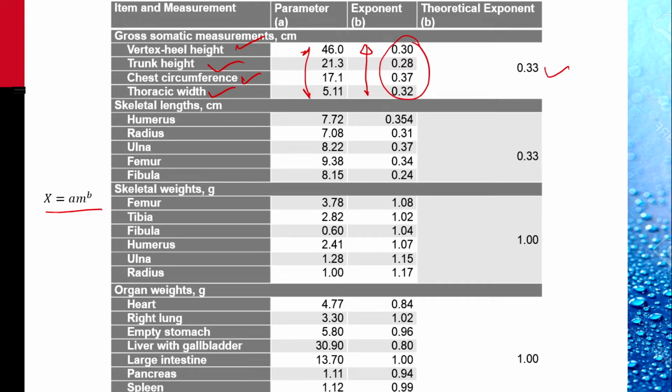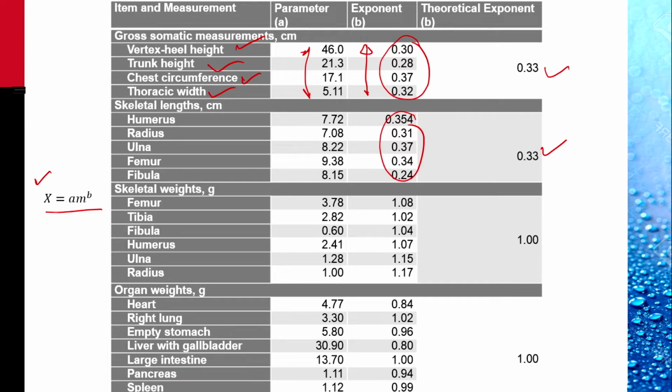Similarly, for the skeletal lengths, humerus, radius, ulna, femur, and fibula for 5 different species, we fitted the data to this equation and obtained these values of A and B. Again, the exponents are very close to the theoretical exponent of 0.33.